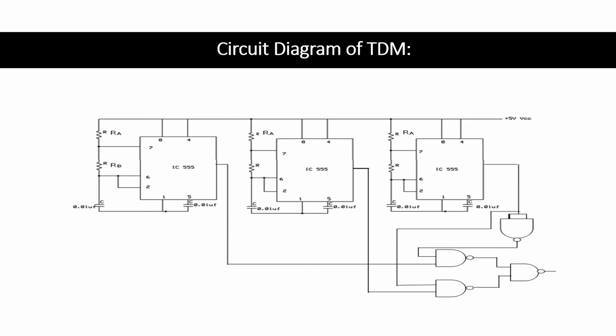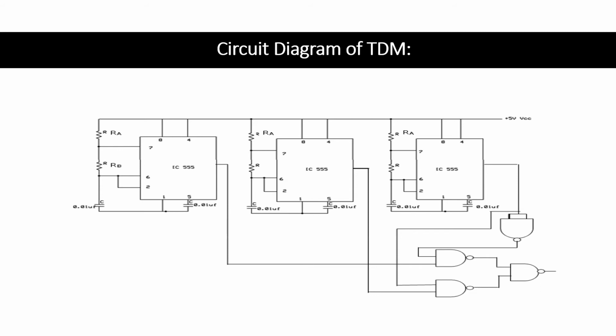Here we are using 3 555 ICs, each having two resistors and two capacitors along with it. It is basically used to calculate the time corresponding to each IC.